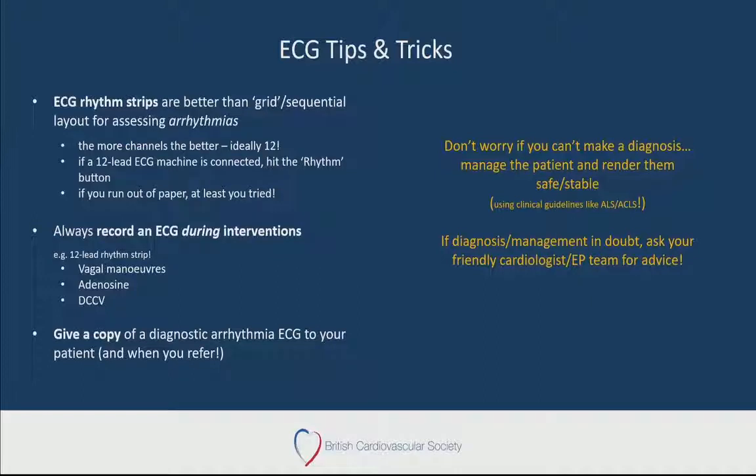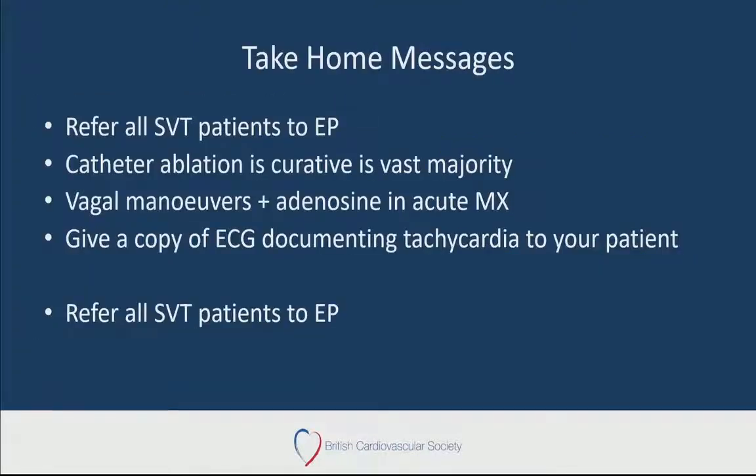And so always keep an ECG during interventions, so your vagal maneuvers, your adenosine, your cardioversions, and give a copy of the ECG to your patient if you've captured an SVT. That's critical. And don't worry if you don't make a diagnosis. The key is to keep the patient safe and stable because your friendly EP team will be able to work out the finer things about the diagnosis.